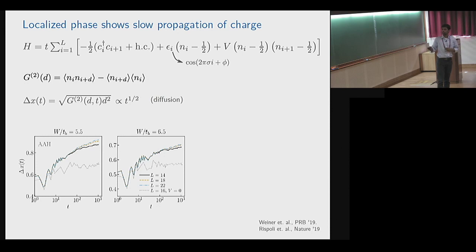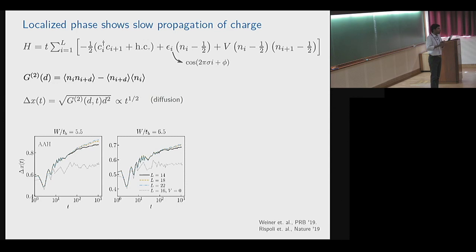However, even though the disorder strength is quite high, where this t_h is the hopping strength, and the interaction in these two particular cases is 2, the disorder is quite high, and we believe that with the other indicators of localization, this system is localized. But this delta x keeps growing. It's not a power law growth, but it still shows some growth of the particle distance, if you wish.